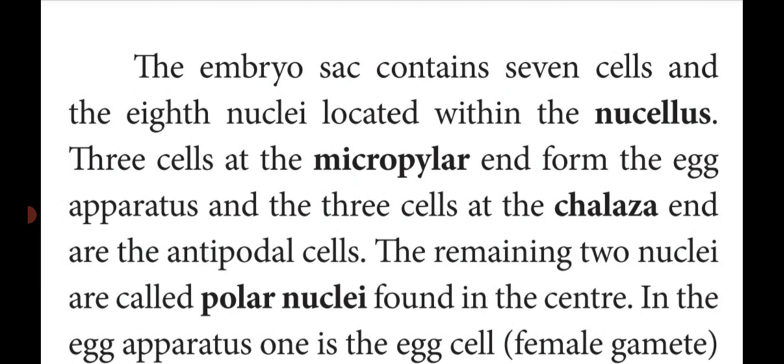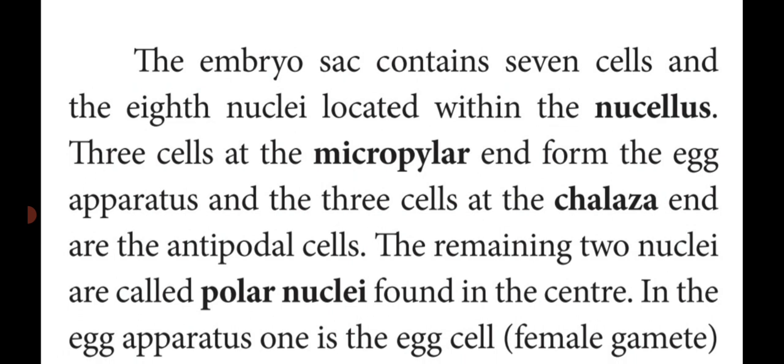Why is it known as the egg apparatus? They form the female sex organ known as the egg or ovum. Then the other 3 cells at the chalazal end are known as antipodal cells. At the center of the embryo sac are 2 nuclei known as the secondary nucleus or polar nuclei.